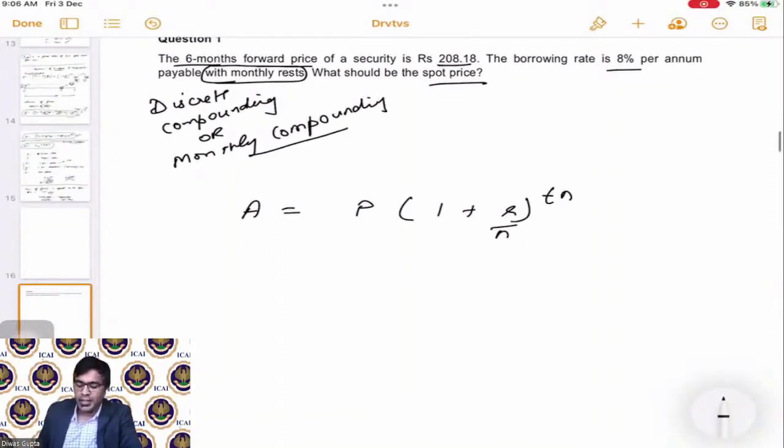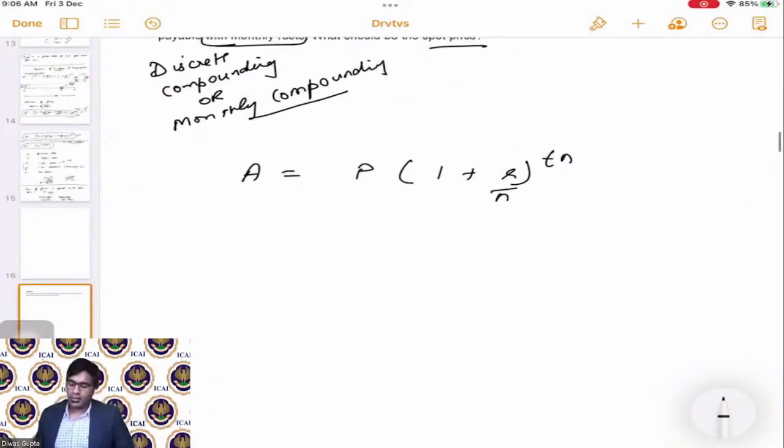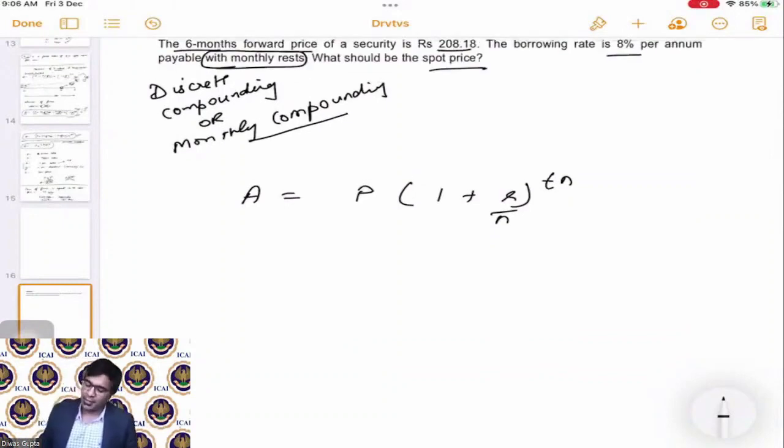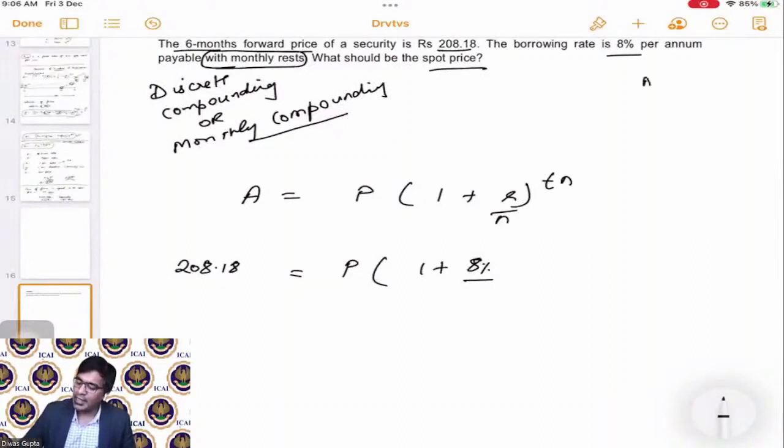So this is a discrete compounding, monthly compounding. We have used this formula. Now in this, we will just replace the numbers. So future value is already given, 208.18, correct? Present value is what we have to calculate. Rate of return is given as 8%. What is n here? N is equal to 12. Because what was n in our formula?